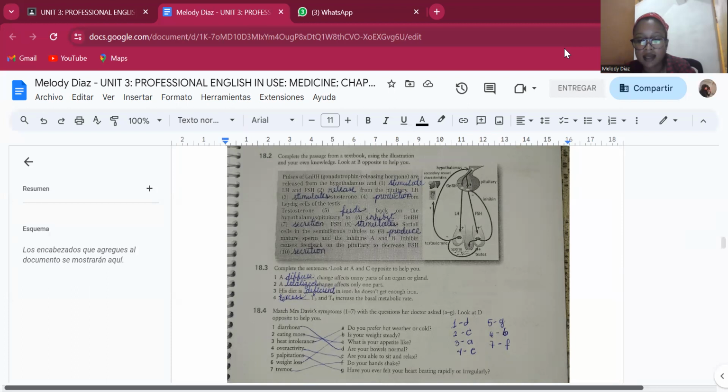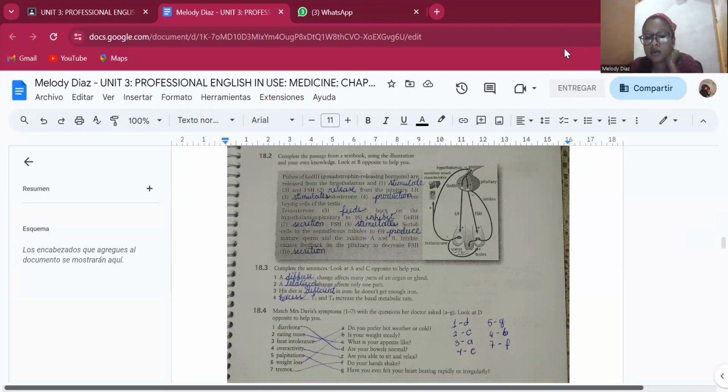Testosterone feeds back on the hypothalamus and pituitary to inhibit GnRH secretion. FSH stimulates the Sertoli cells in the seminiferous tubules to produce mature sperm and inhibin. Inhibin causes feedback on the pituitary to decrease FSH secretion.